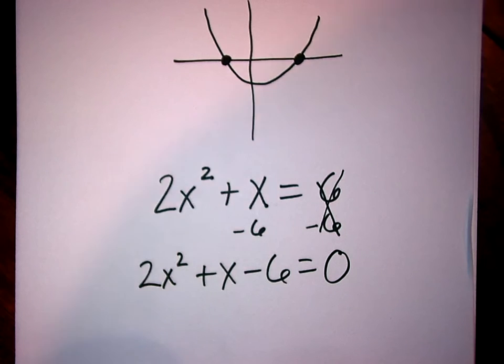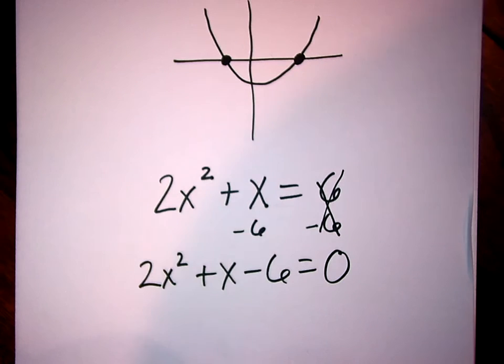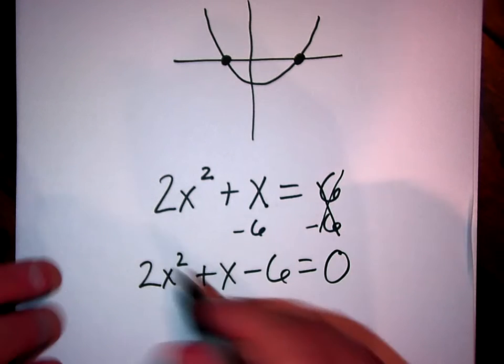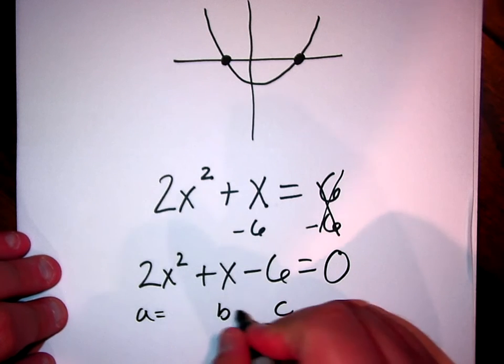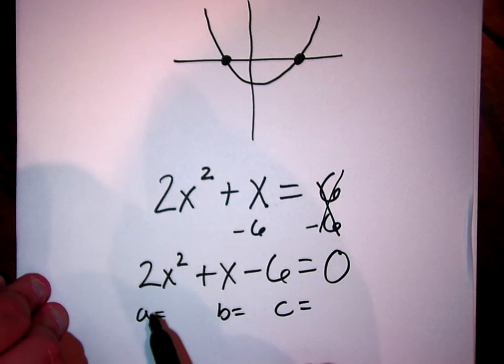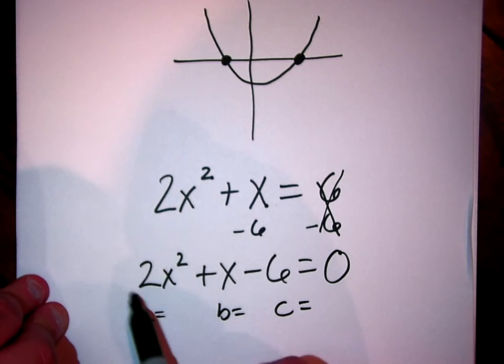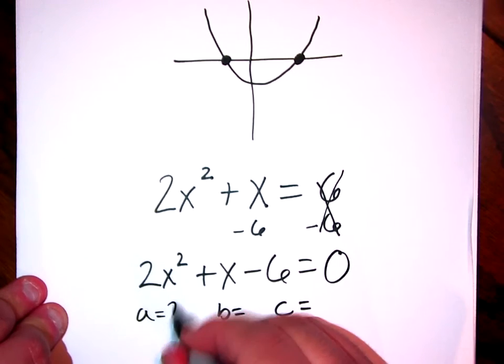Now, before we do the polytools roots finder function, we need to know 3 things, and that is our A, B, and C values. Okay, so I'm going to go ahead and list those out here. And remember, this A value is just the number attached to the x squared term. So the A value for this is just going to be 2.